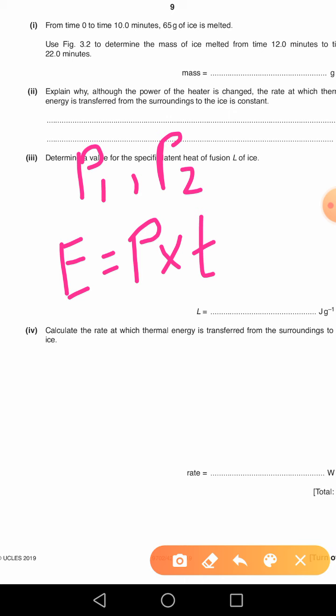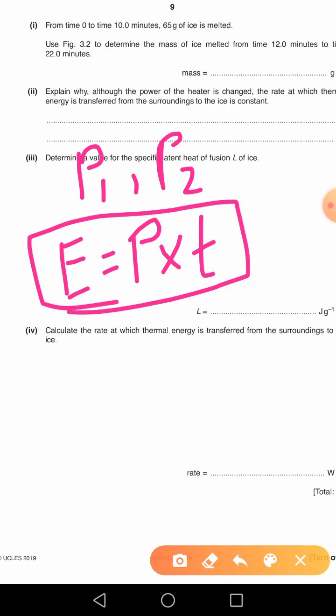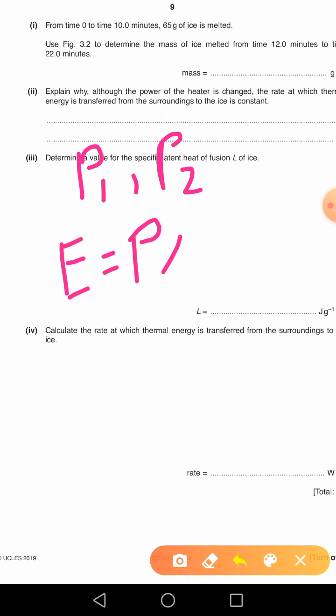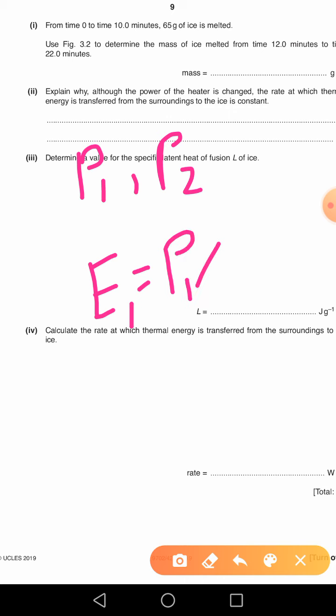So heat supplied in the first 10 minutes, when the heater was at a lower power, is E1 equals P1 into 10 into 60, because 1 minute has 60 seconds.